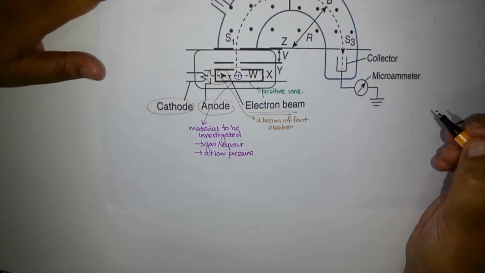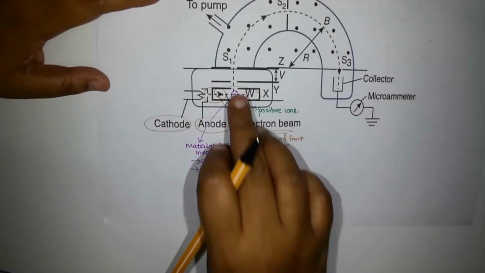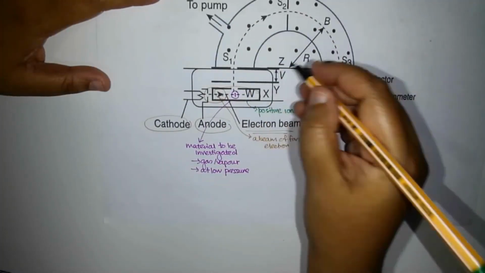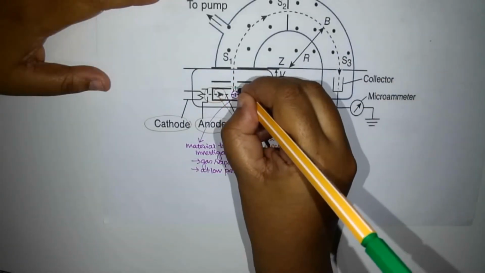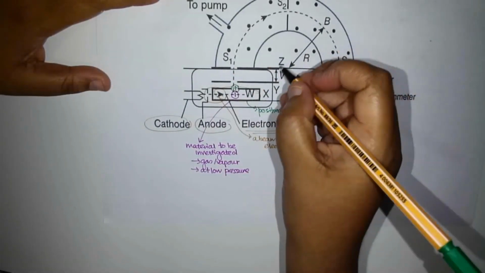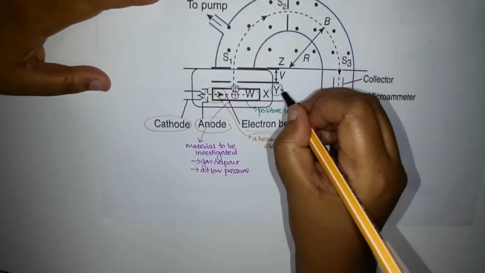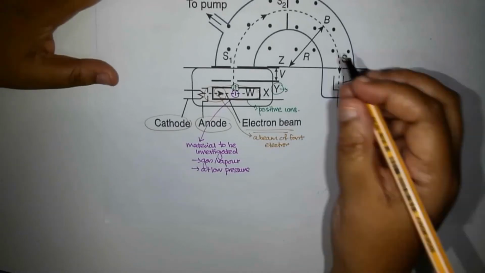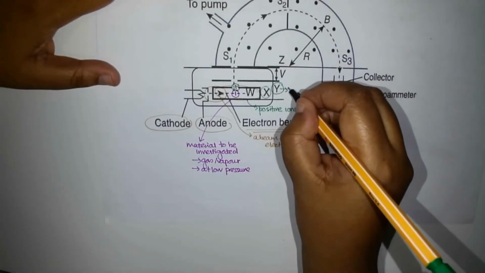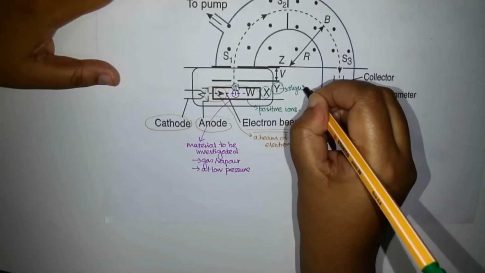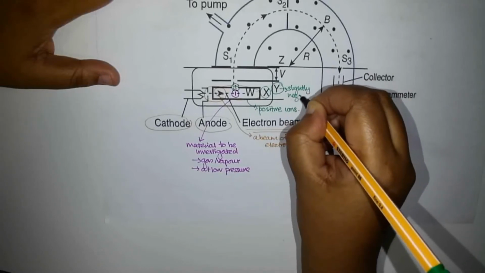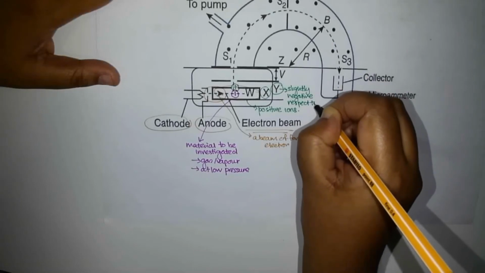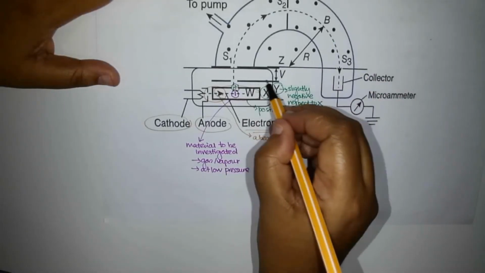Now this positive ion is drawn out from W, because now this is a positive ion, right? The positive ions are drawn out because Y here is an electrode that is slightly negative with respect to X. So here is positive and this one is slightly negative.